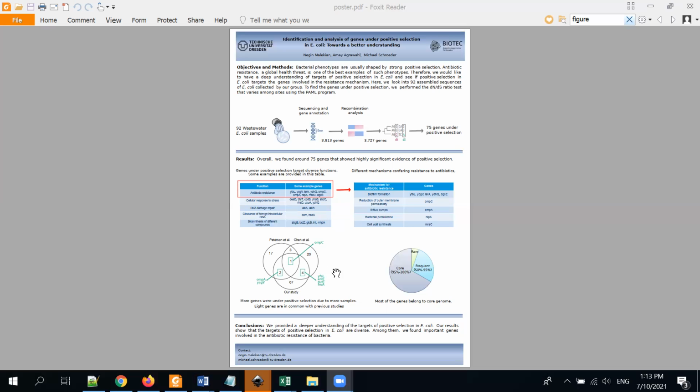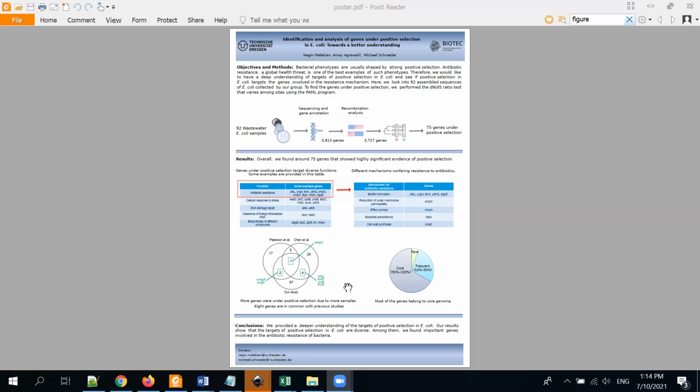And also we made a comparison to a previous study. As you can see in the Venn diagram, we compare our studies in terms of number of genes under positive selection with previous studies. And we found that we have some important genes in common, like OmpC and OmpR, which are also, as I said, involved in antibiotic resistance.